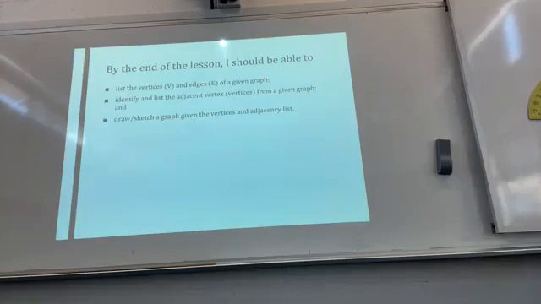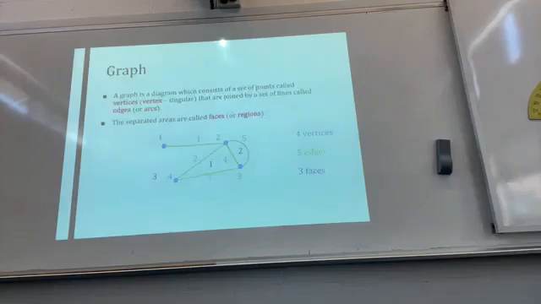So yesterday, I've shown you what vertices are and what edges are. I have also shown you how to identify and list the adjacent vertex. Now, let's see what are the adjacency lists. So from yesterday, you should recall what are vertices, edges, and faces.